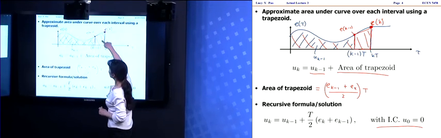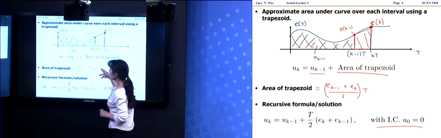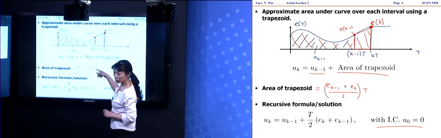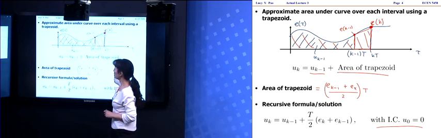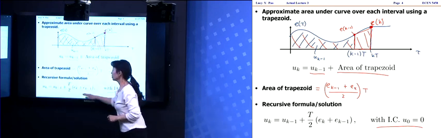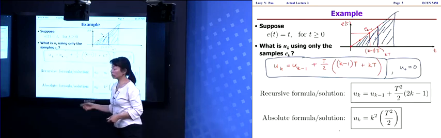And we approximated this area over the most recent time interval using a trapezoid. So we can write an explicit formula as a function of these two samples, all right? And then we came up with this recursive formula or first order difference equation.